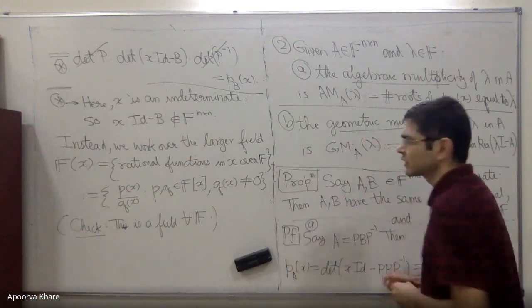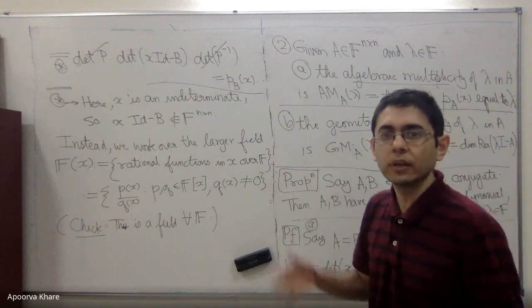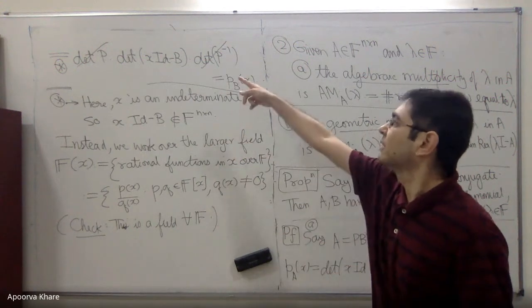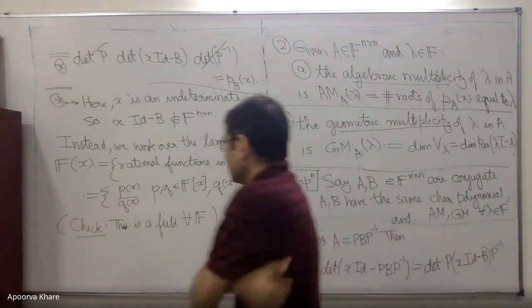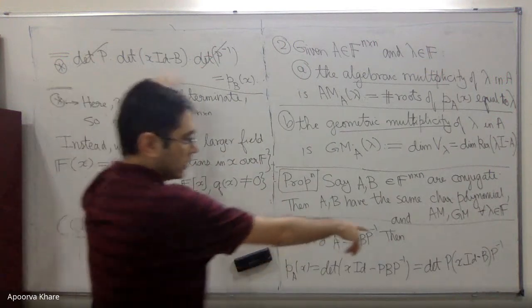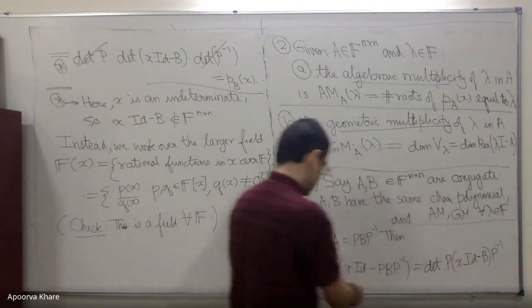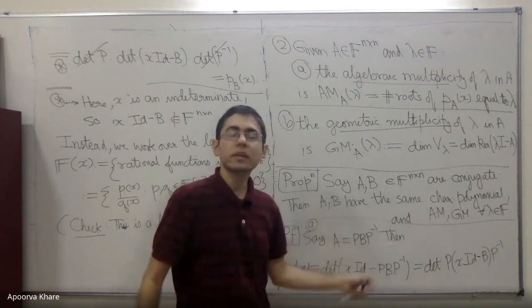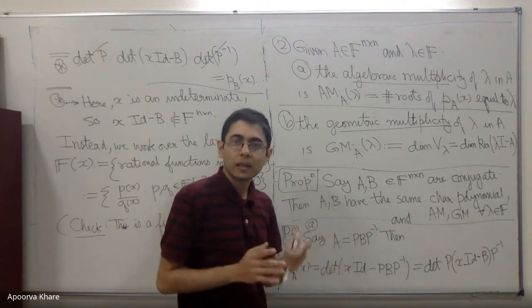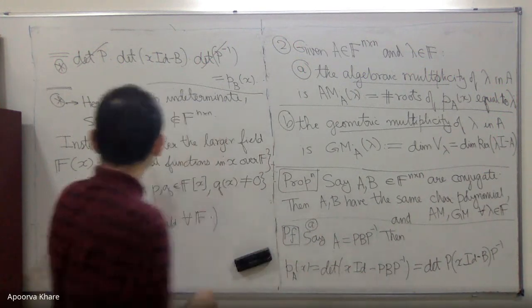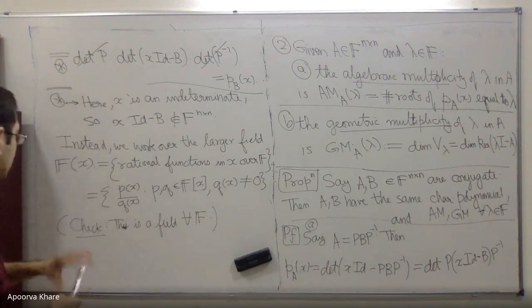In fact, the rational functions in several variables also form a field, not just in one variable, but we only need it for one variable. So now this matrix itself, xI minus A or xI minus B, all these matrices lie in not F to the n cross n, but F(x) to the n cross n.